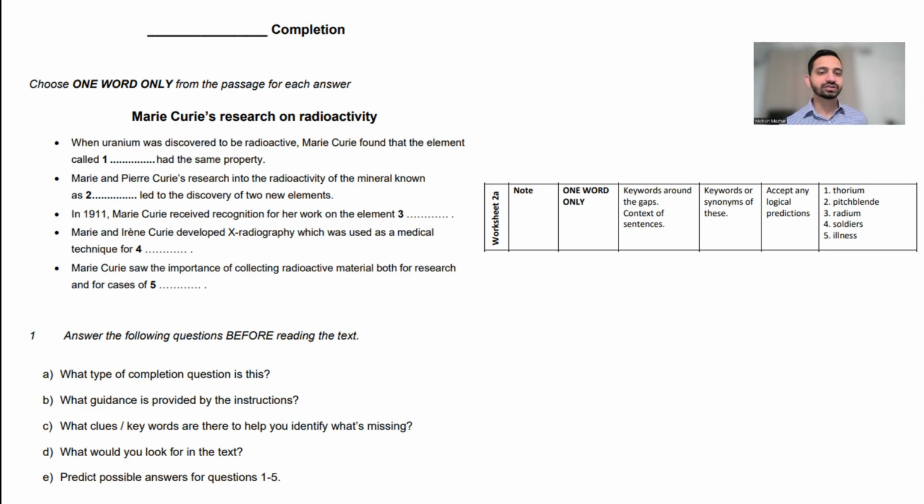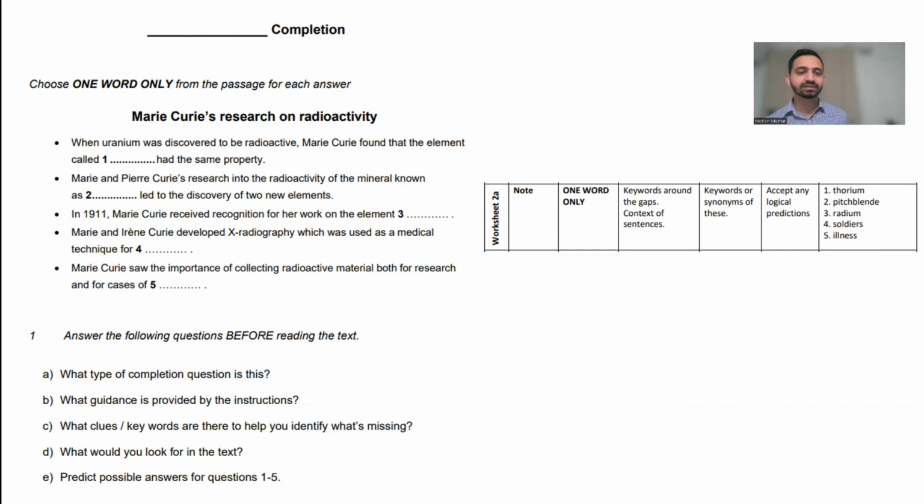When uranium was discovered to be radioactive, Marie Curie found that the element called thorium had the same property. Thorium is the correct answer. Marie and Pierre Curie's research into the radioactivity of the mineral known as pitchblende led to the discovery of two new elements. In 1911, Marie Curie received recognition for her work on the element radium.